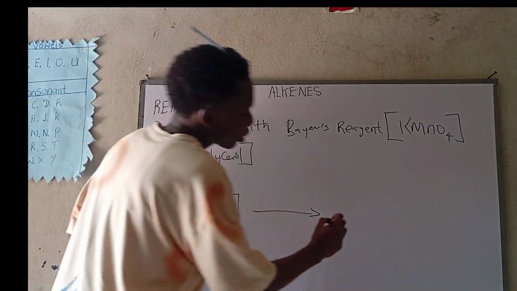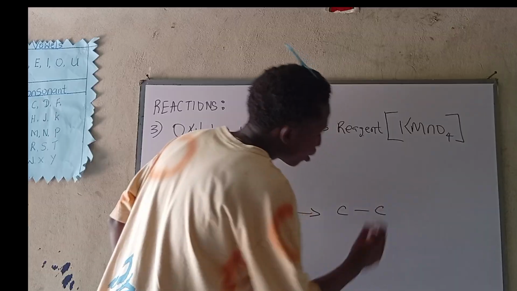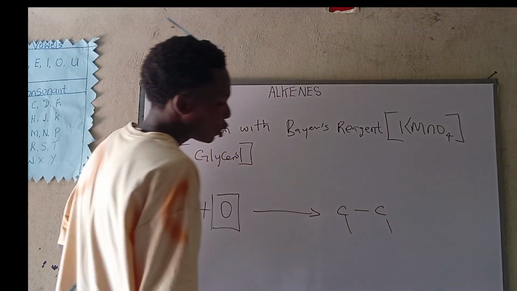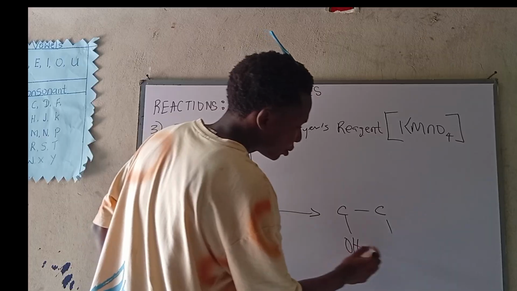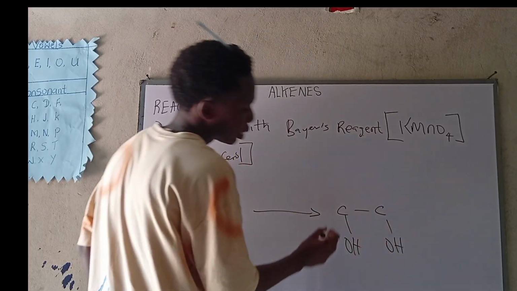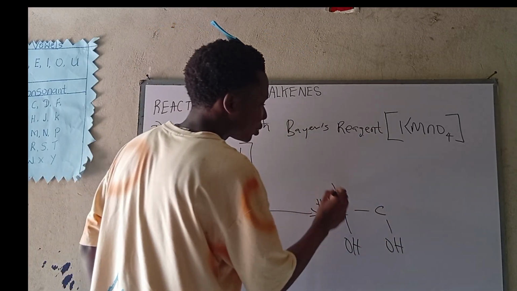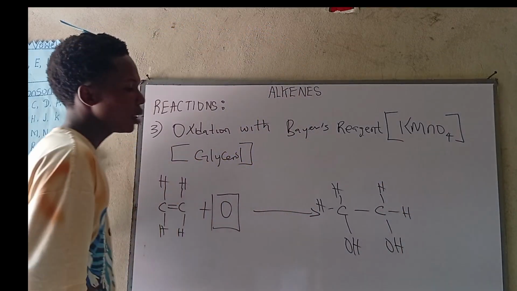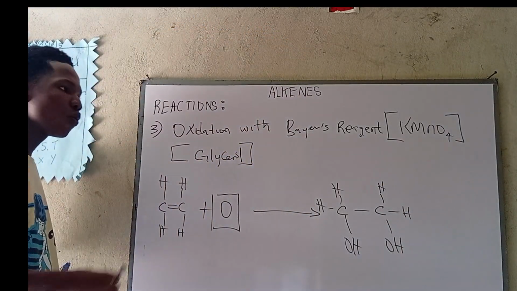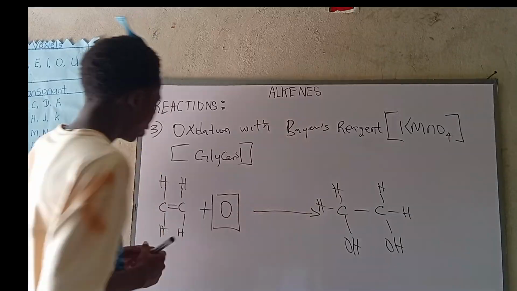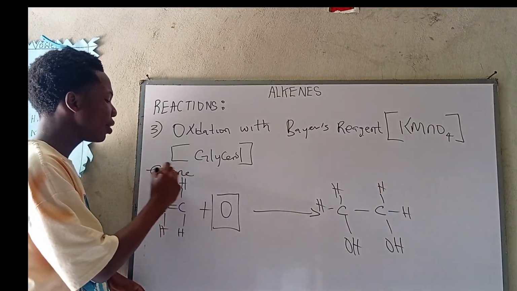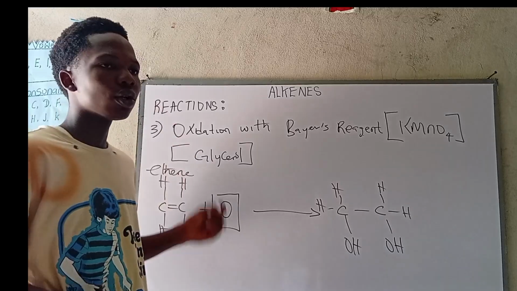Alright, so now we're going to have something like this. The double bond will be broken, and the position of the double bond is where our OH will be. Then we now balance our hydrogen. Okay guys, from the look of things, what are we going to call this compound? We have ethane. Now remember, the double bond is no longer here.